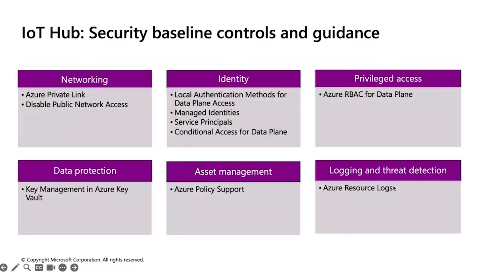For logging and threat detection, we should have the monitoring service on and the logging service on to collect the different events and logging behavior. These are different guidelines and considerations that we can have in IoT Hub security.